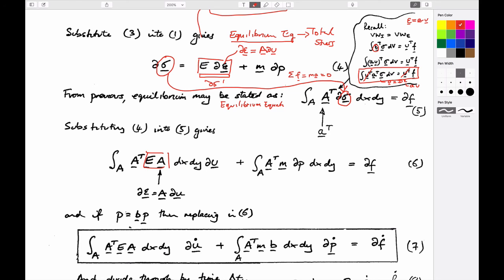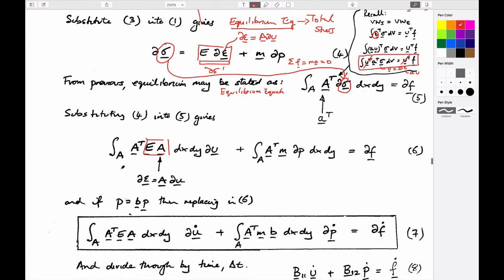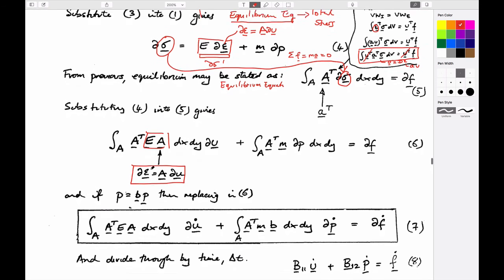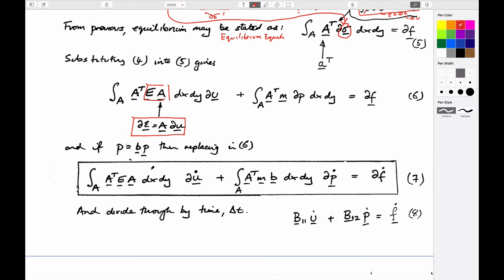If we substitute here, and then we substitute in here, so this is this term here, and u goes outside this term. So this term is the first part, which is from this, and if we substitute this, A transpose multiplied by M dP is this term here. And so I guess I didn't need to draw it up there because I've talked about it right here. And so that's what that is. And so that's our finite element statement.